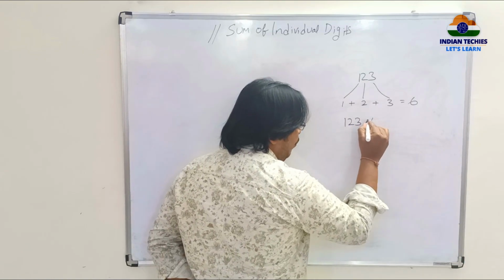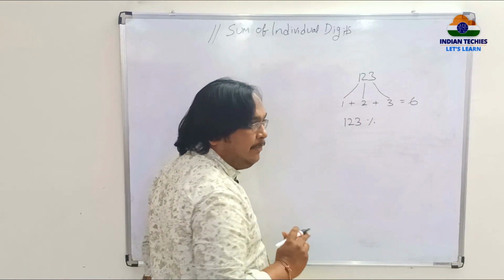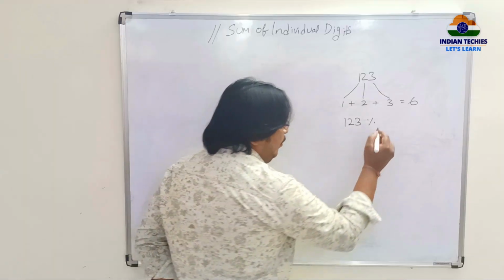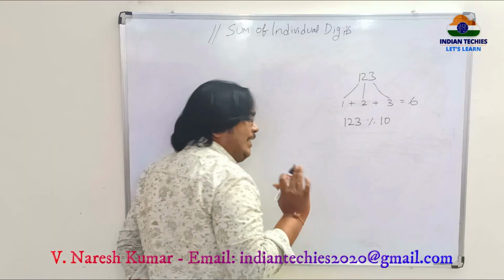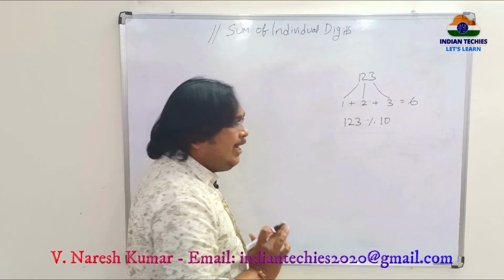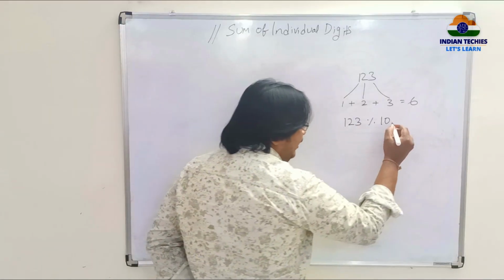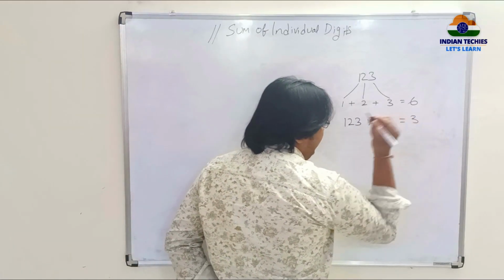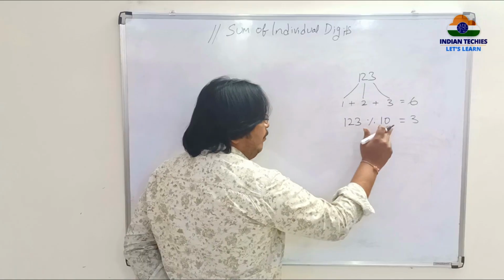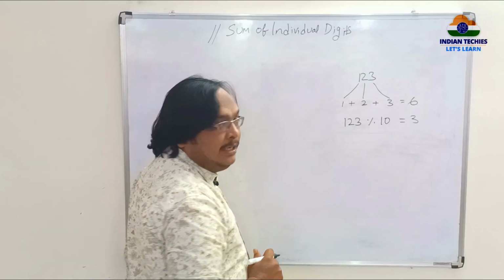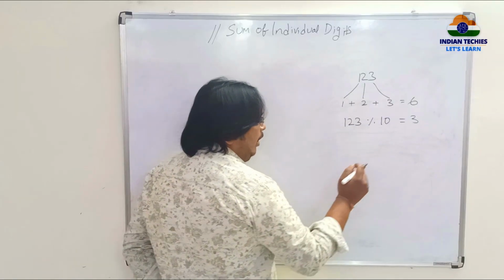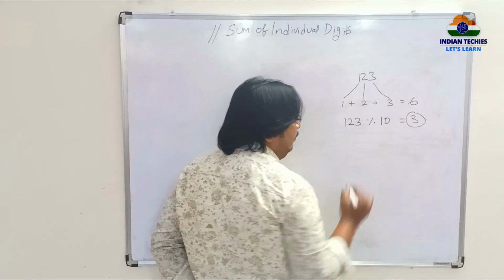123, if you mod, what do you mean by the mod symbol? It gives the remainder. Mod with 10. You can take any number, if you mod with 10, then the remainder would be the last digit. See, 123 mod 10, the remainder would be the last digit. Now you got one value.